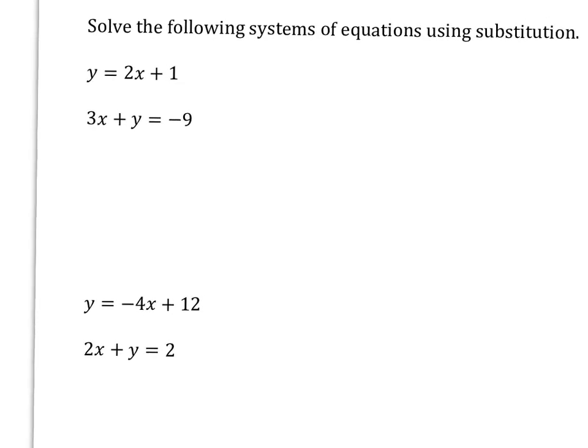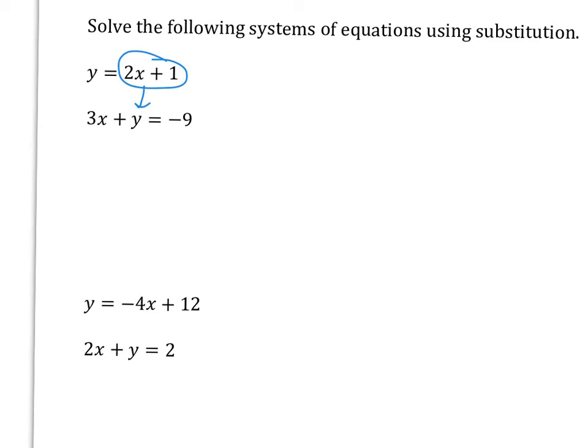Well, substitution method. I see I have y by itself here, an expression that equals y. So I want to take the expression that y equals, substitute it in where I see y in the next equation, and get rid of the variable y so that I only have to work with x's to solve. And then when I get my answer, I'll plug it back in and solve for the other variable.